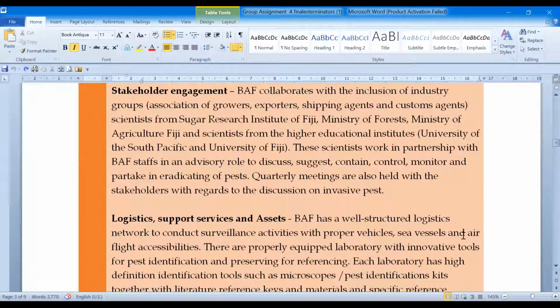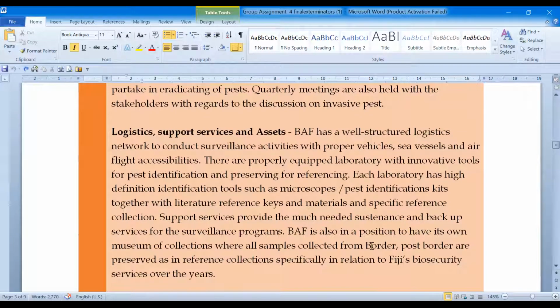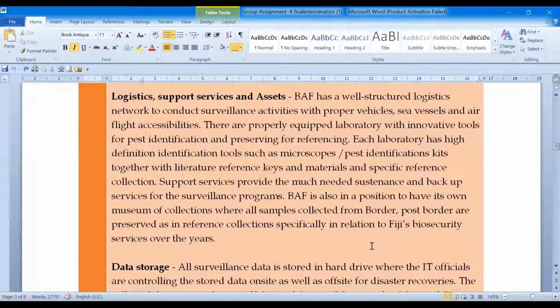And then they also hold quarterly meetings. And then in terms of logistics support services and assets, the NPPO has a well-structured logistics network to conduct surveillance activities with proper vehicles, so more like sufficient resources. I'm just gonna quickly go through it.